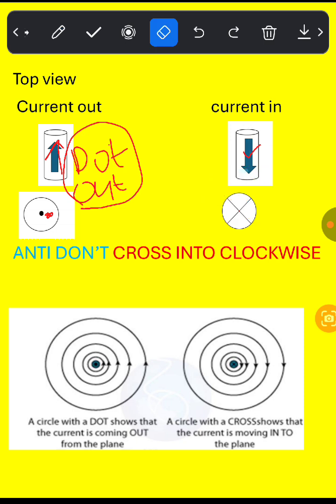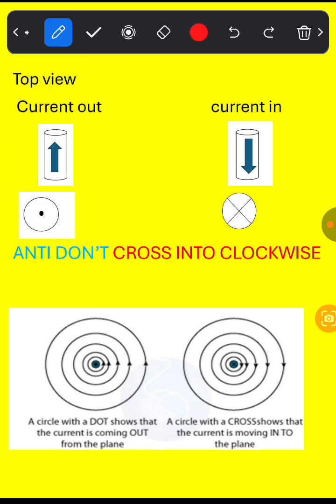Right. We also have to be able to use the right-hand rule to determine the direction of the magnetic field.